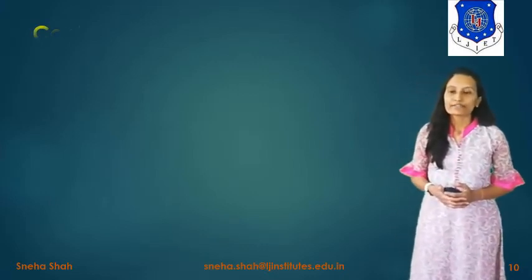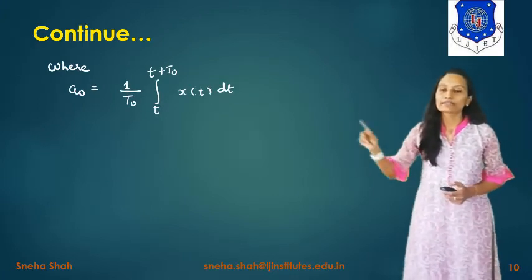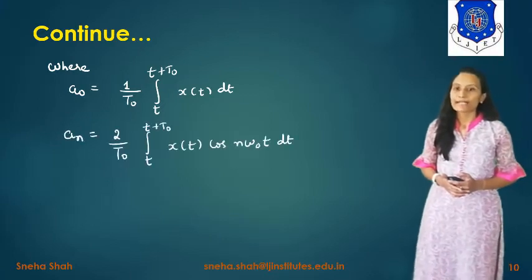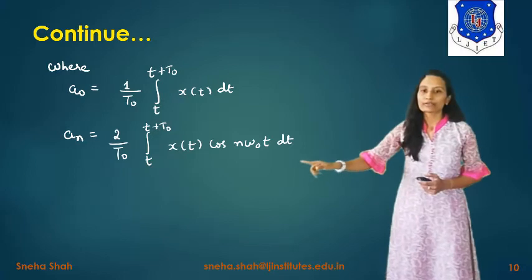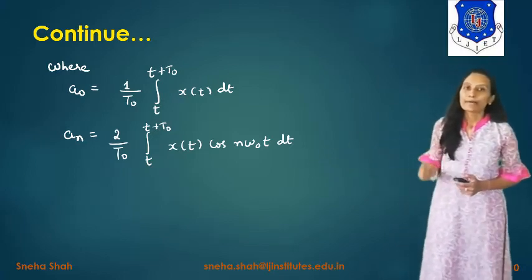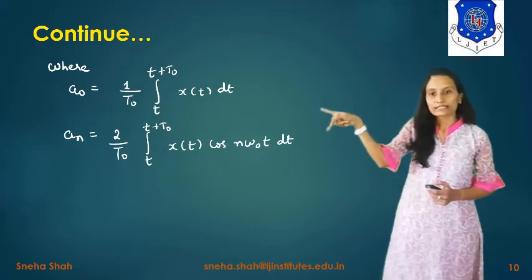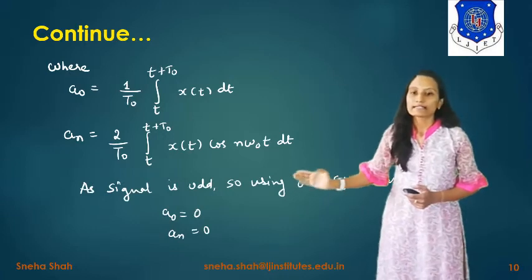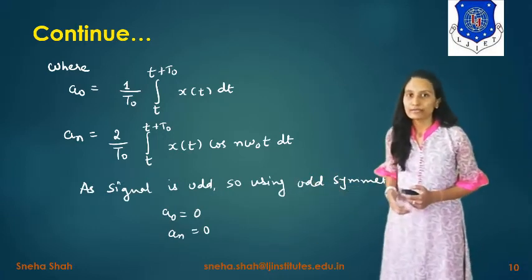In this equation, a0 equals 1 upon T0 integration t to t plus T0 x of t dt, and an equals 2 by T0 integration t to t plus T0 x of t cos n omega 0 t dt. But as you know, the given signal is an odd symmetrical signal, so using odd symmetry, the values of a0 and an equal 0.